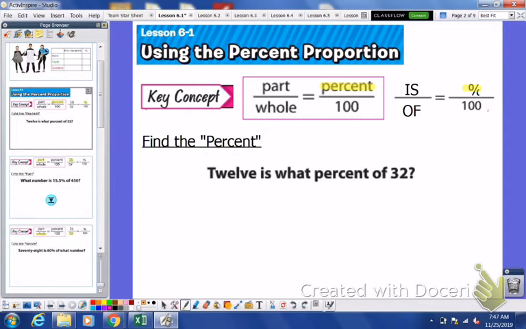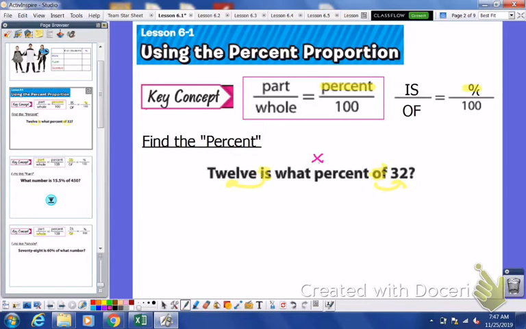So 12 is what percent of 32? We have our is, matches our 12, our of matches our 32, and we're looking for what percent, so there's our variable.